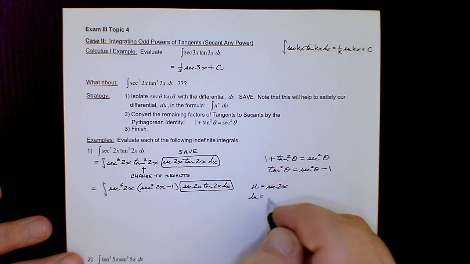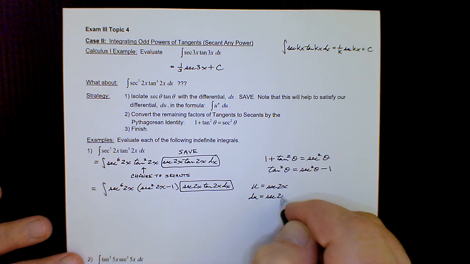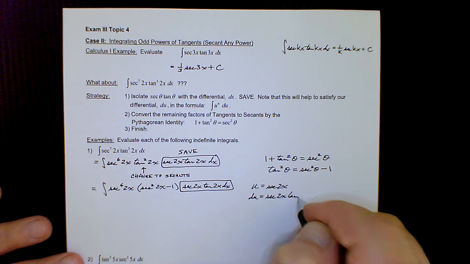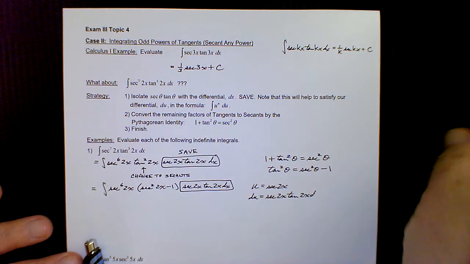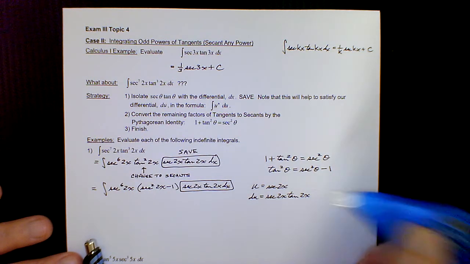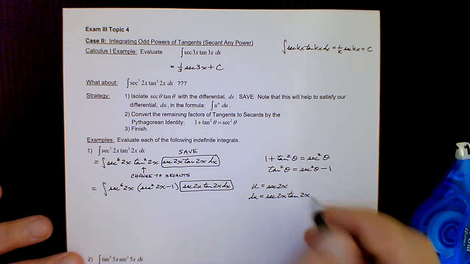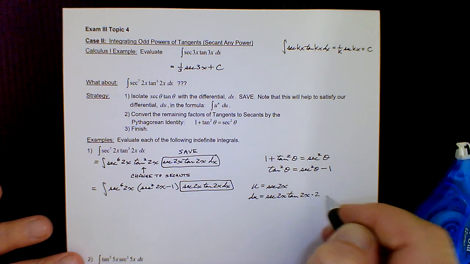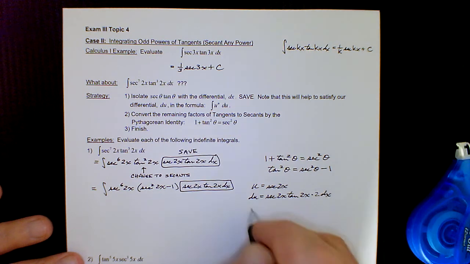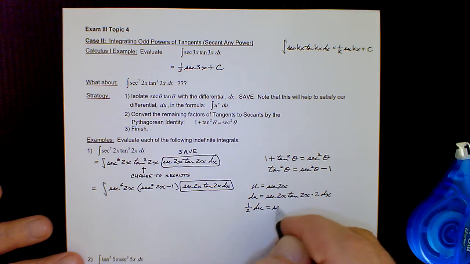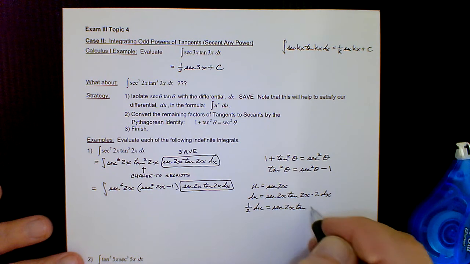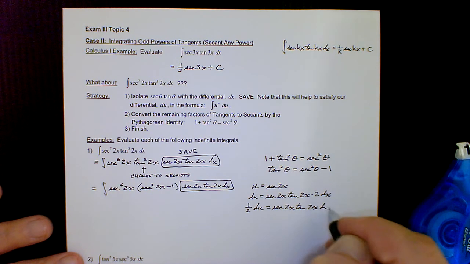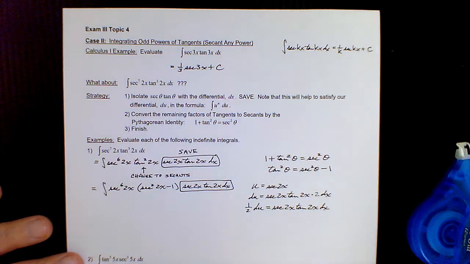Okay, from here, hopefully it's routine. Du is secant 2x, tangent 2x, oops, don't forget times 2, as well as the differential dx, and modifying, we have that 1/2 du is secant 2x, tangent 2x, times the differential dx.